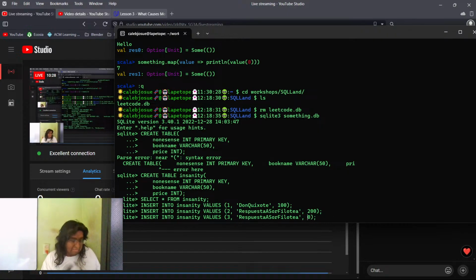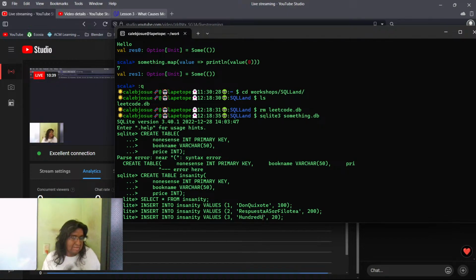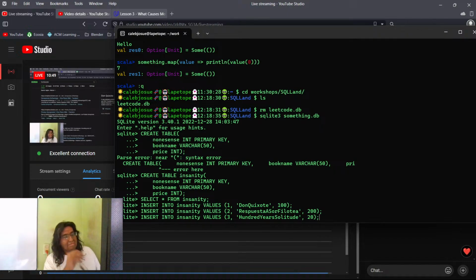No, let's have this to 20. 100 years, 32. I suppose that's the name in English. You can compare this book with the ones above, right? But people like that book, then. Okay.